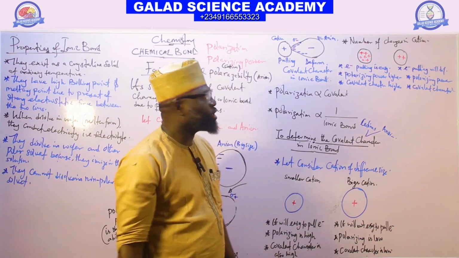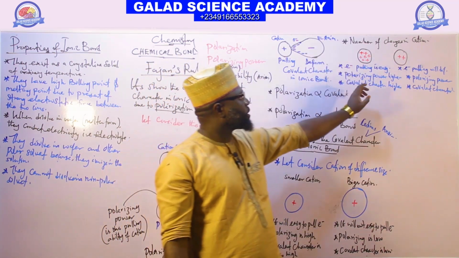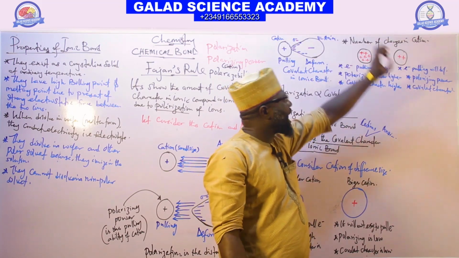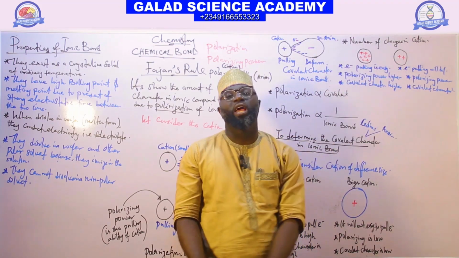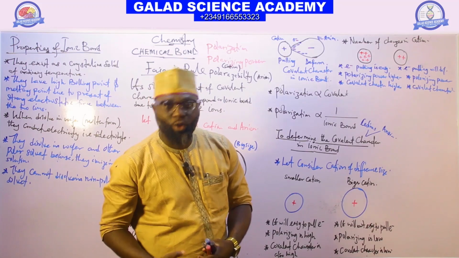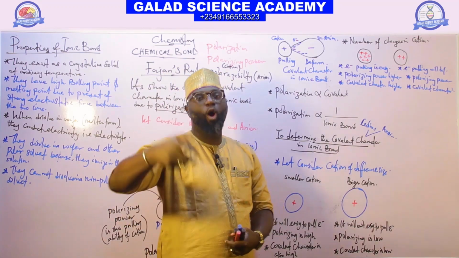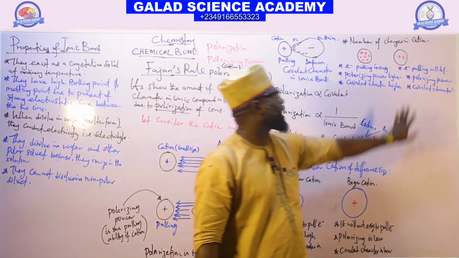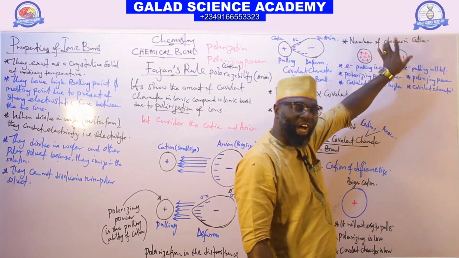The second one is, he said that the cation with higher number of charge will experience the highest degree of pulling power and a more covalent character compared to the cation of less charge.